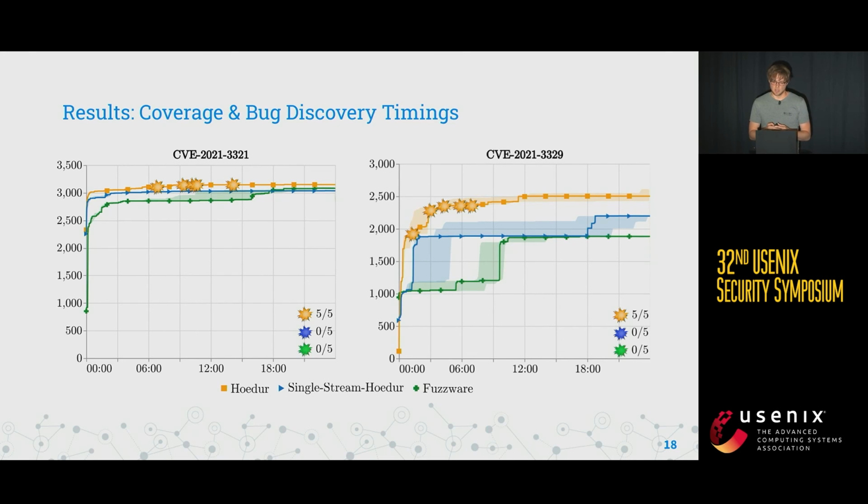On the right side, we have a very elaborate initialization handshake of a Bluetooth layer. In order to trigger this vulnerability, you have to first find and then maintain this handshake in order to then mutate efficiently afterwards. This is also where it's pretty hard for these flat inputs to work correctly.